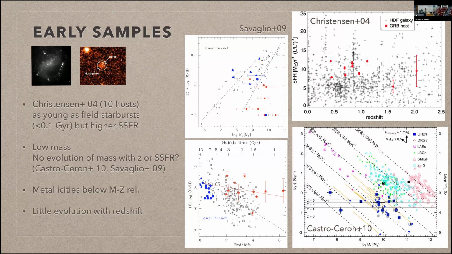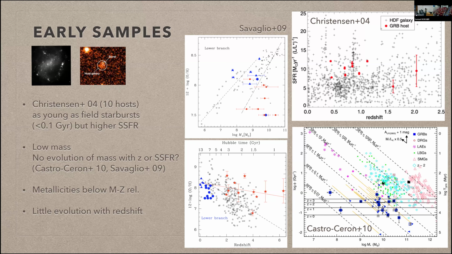And so this is a mass-metallicity relation from Savaglio et al. Very early on, it still looks very rough. So you see that GRB hosts, long GRB hosts, are metal poor and have low masses, but it was not that clear yet what was going on here.